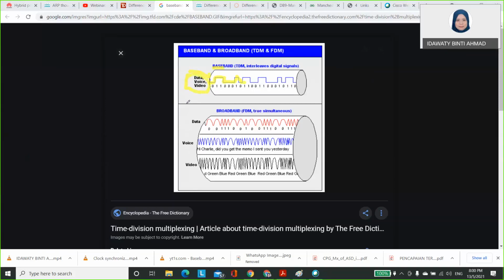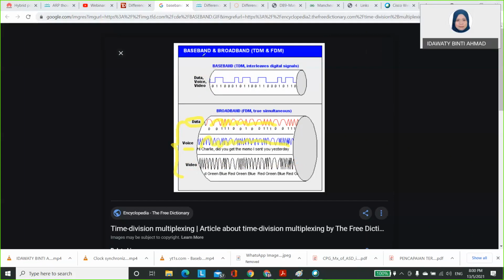But if you use broadband, they can differentiate the frequency. For video, you can see that it is high frequency. For voice, it is also a different frequency, the blue frequency. And if you send data, you can use this red frequency. So there are multiple frequencies in a channel.